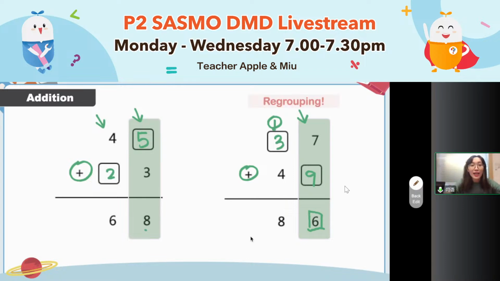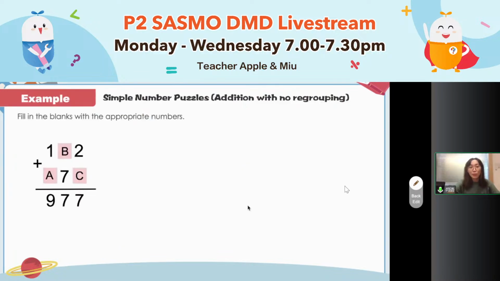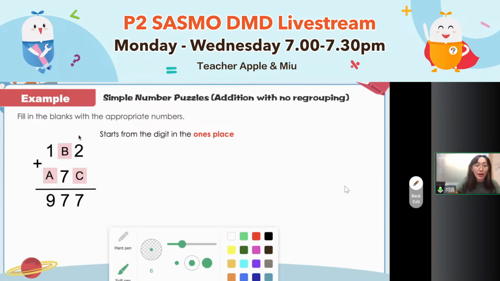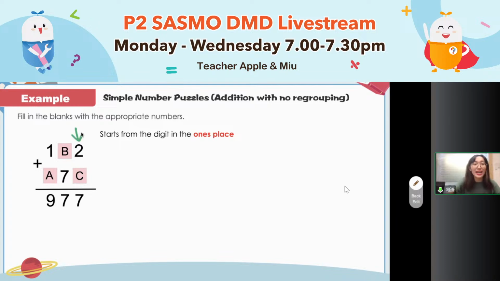Okay, now let's move on to the first key point. When it comes to simple number puzzles, that is addition with no regrouping. Try to fill in the blanks with the appropriate numbers. For such a question, where should we start from? We need to start from the digit in the ones place. Always start from the ones place. So for the ones place, let's have a look. 2 plus C equals 7.